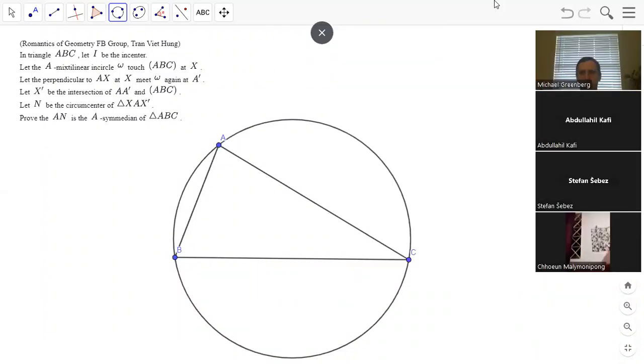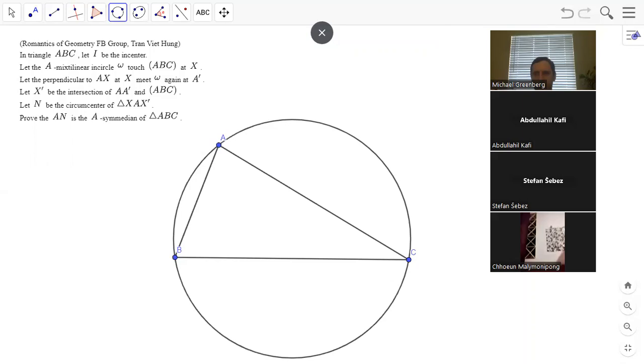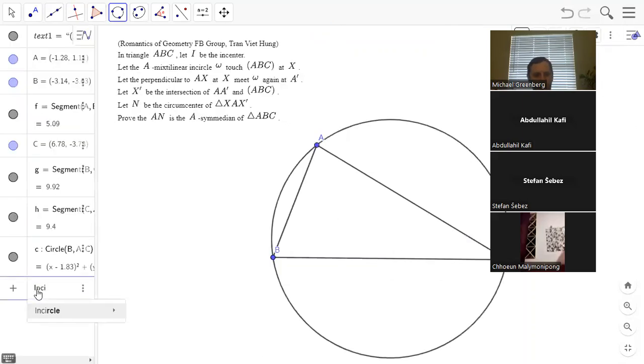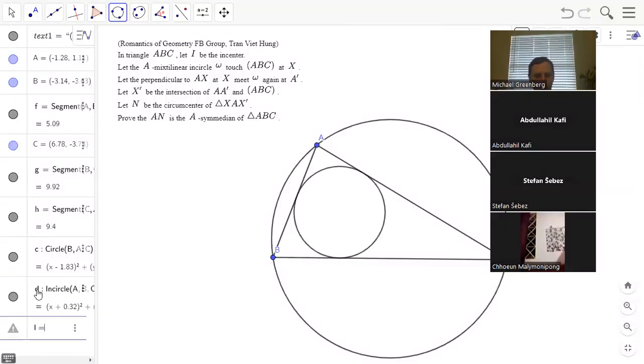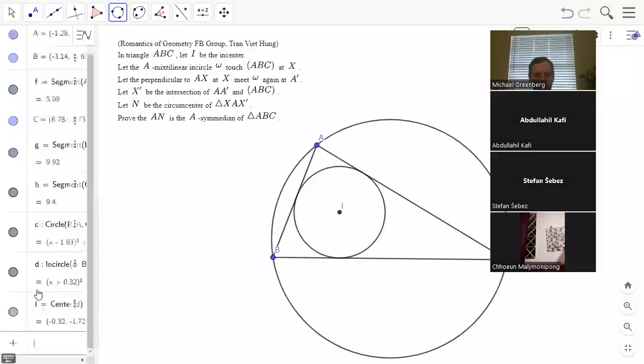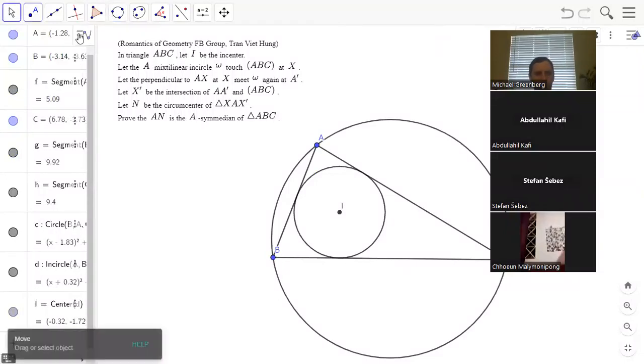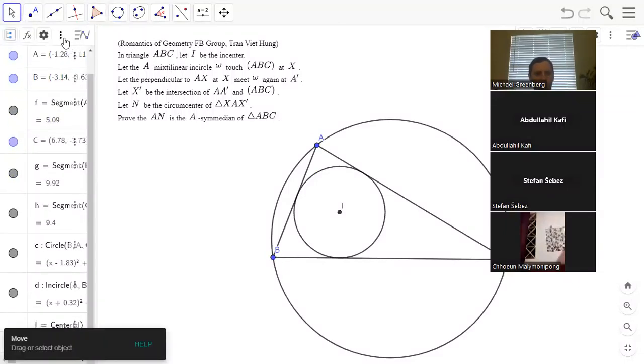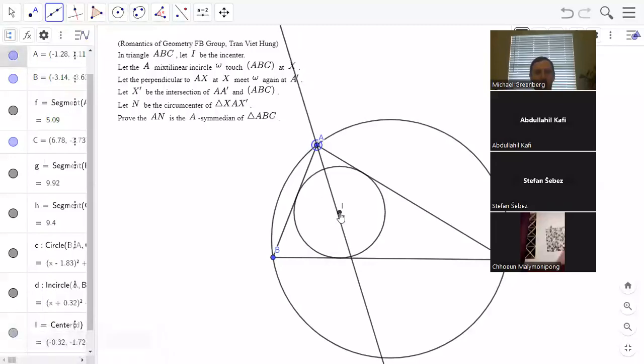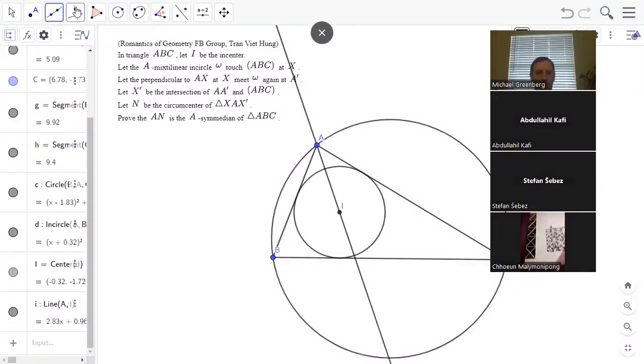So let I be the incenter. So let's draw our incircle. And if we drew that, let's draw the mixtilinear. We only need the mixtilinear, well, we do need the whole circle.